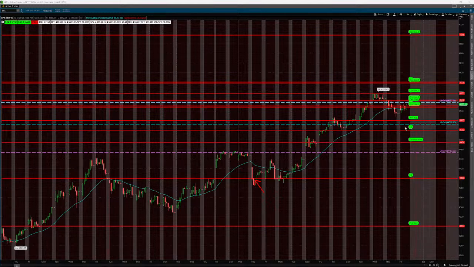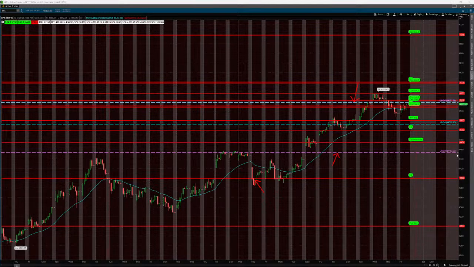We'll take a closer look at SPX in just a minute. So let me point out some levels on this chart. First of all, the lower and upper weekly expected move shown with the dashed purple lines. The reason this upper line is a little lighter is because the upper daily expected move is just about at the same level.